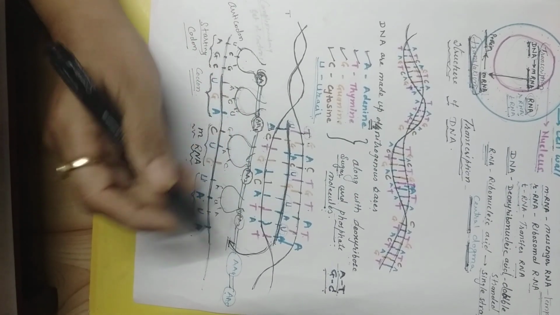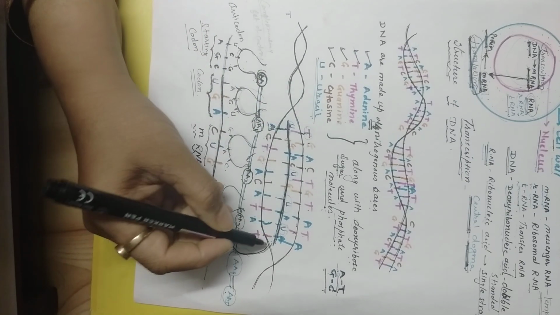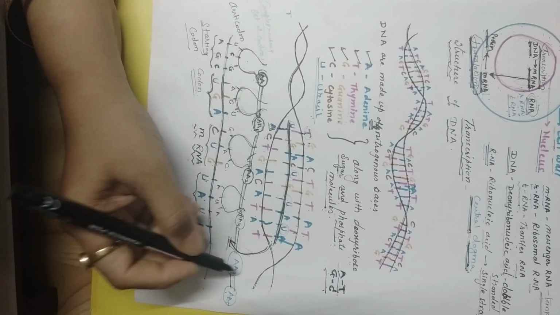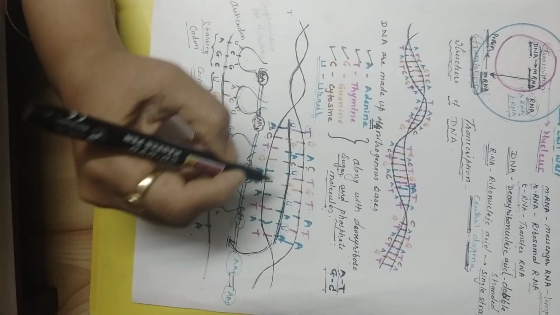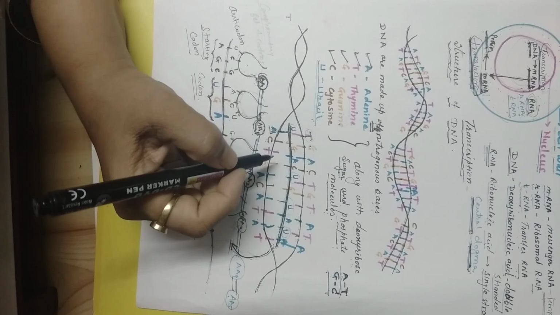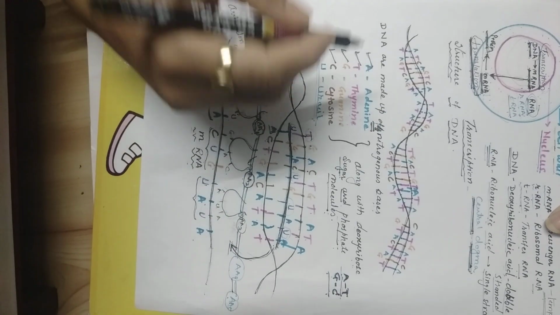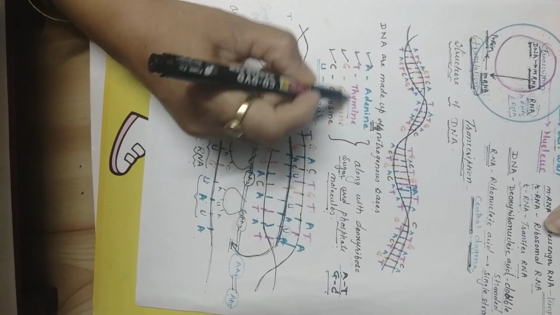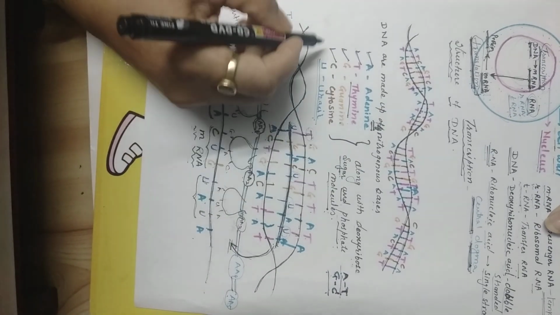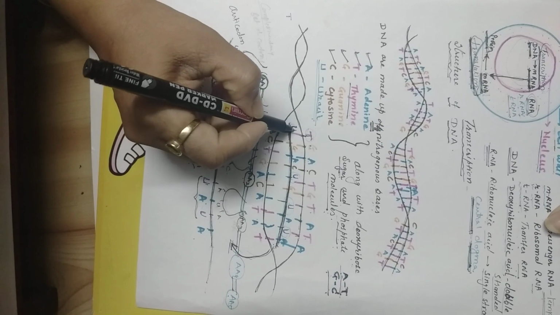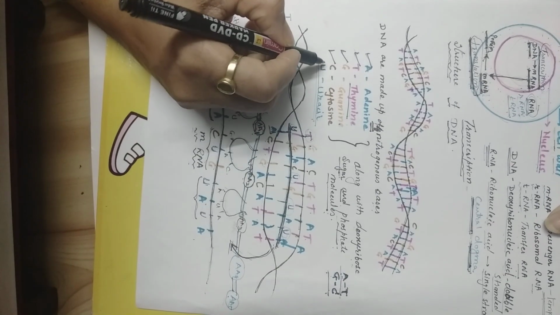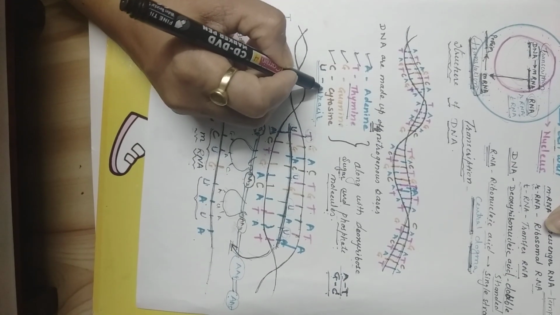But one important thing we have to keep in mind, in case of DNA thymine is present and instead of thymine in RNA uracil is present. What? Uracil. Uracil is present instead of thymine in case of mRNA.